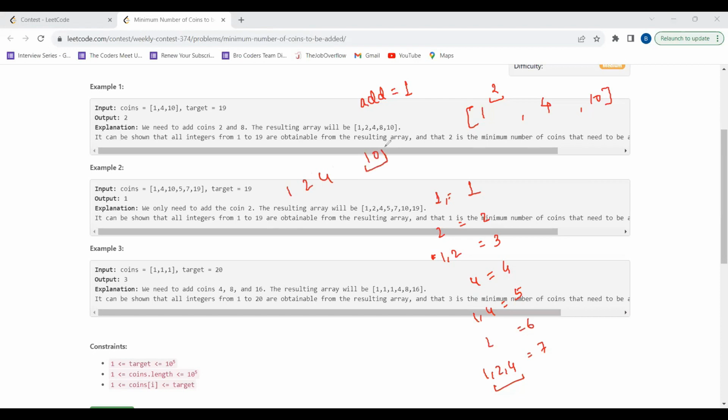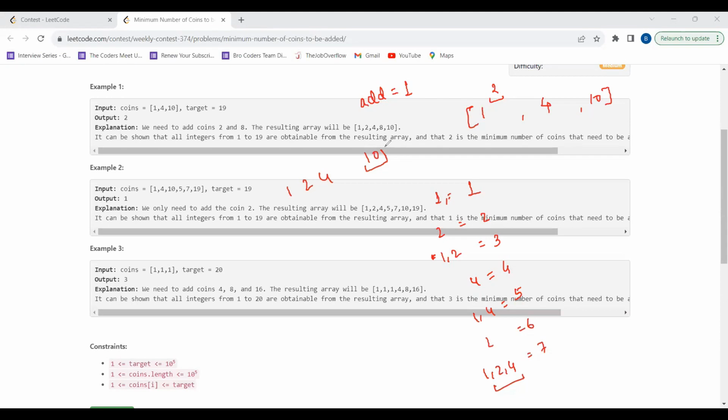We can't use 10 to make the sum 8 because if by any chance we include 10, our total sum will get beyond 8. So we can't include 10, that's for sure. So by using 1, 2, and 4, the maximum sum we can get is 7.